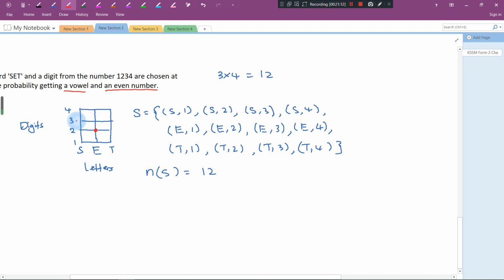E and 3, no. This is a vowel, but 3 is an odd number. Another combination we want is E and 4. Vowel, even number. So the probability will be, in total we have 12, and here we have 2. If we simplify it, you will get 1 over 6. This is the answer for this question.